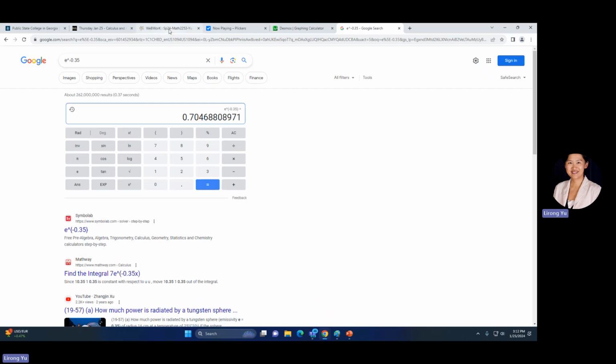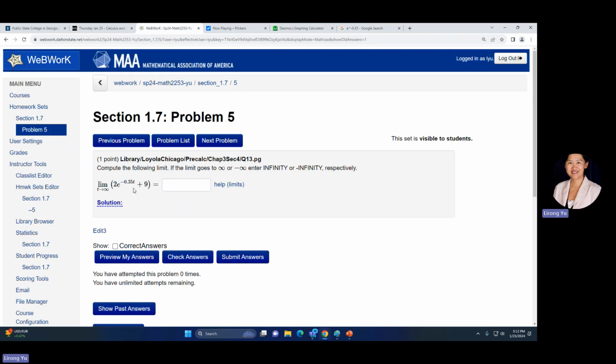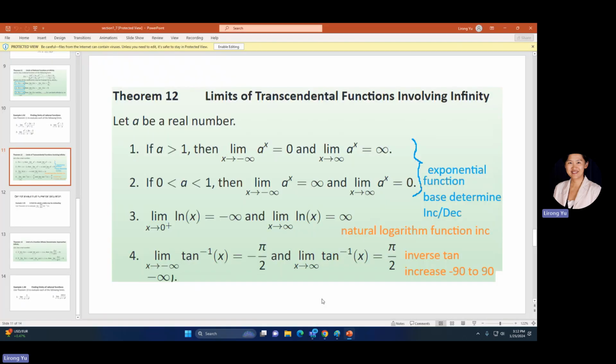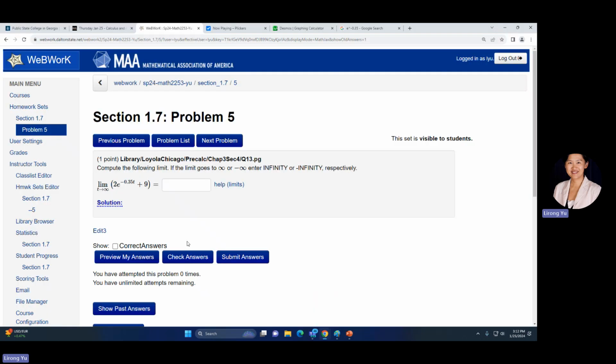So quantities are getting smaller, and e to the negative 0.25t is getting smaller and smaller. Its limit value is 0. This exponential function has limit 0, therefore e to the negative 0.25t goes to 0. So 2 times it is 2 times 0. The whole limit is 0.